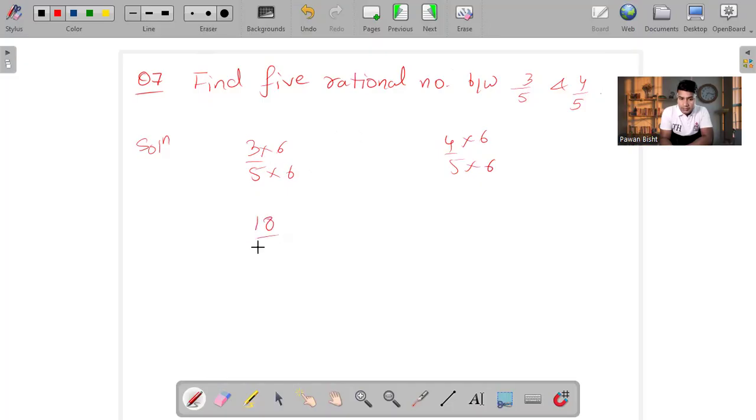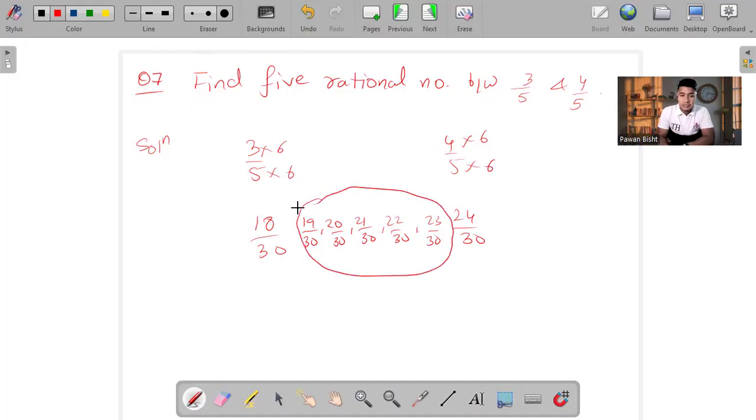So 18 over 30, 24 over 30. So the numbers exactly between 18 and 24 are 19 over 30, 20 over 30, 21 over 30, 22 over 30 and 23 over 30. Exactly 5 numbers you are getting between 3 over 5 and 4 over 5, right?